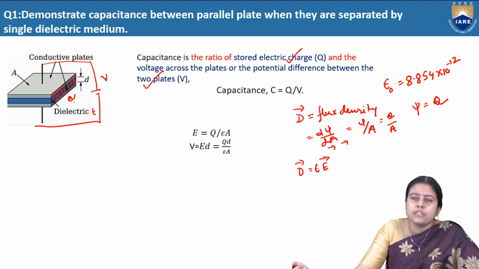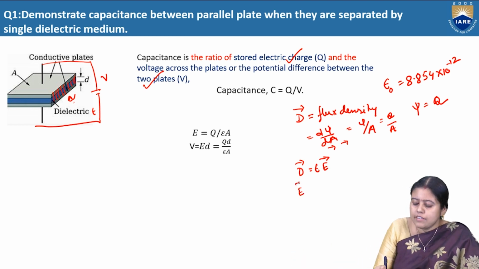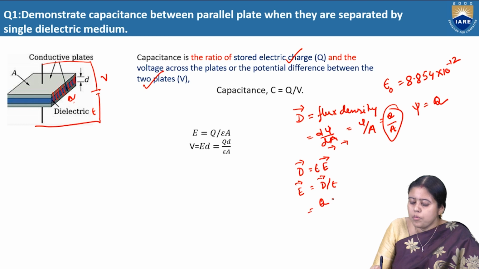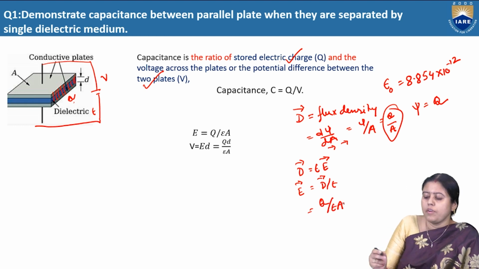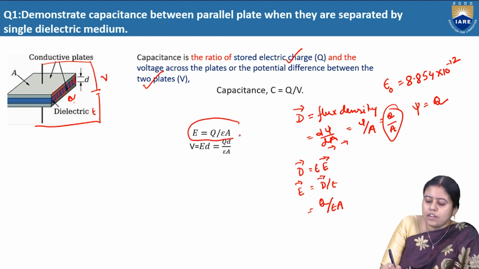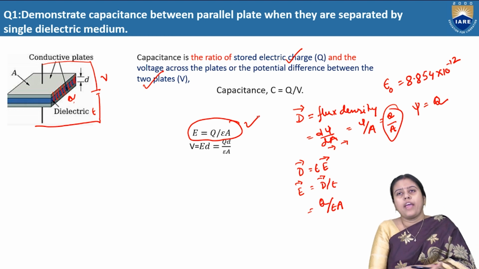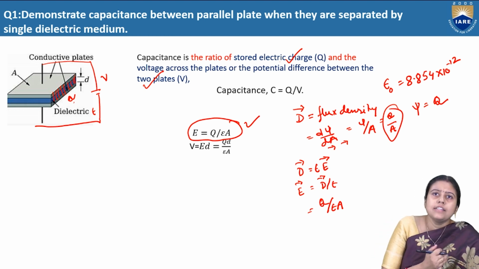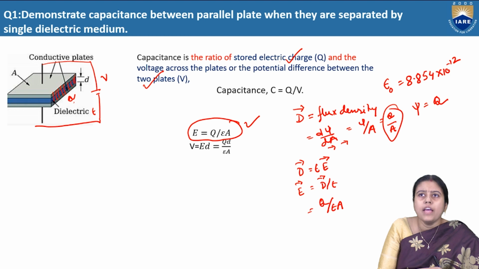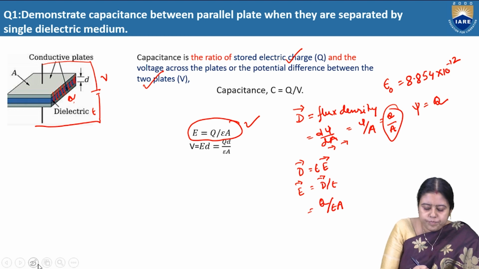So E is equal to D by epsilon, and D is Q by A, so E is equal to Q by epsilon into A. This is the proof of E equal to Q by epsilon into A.